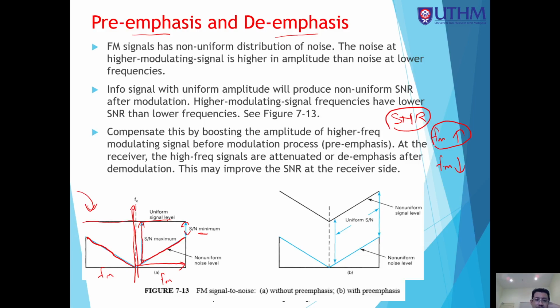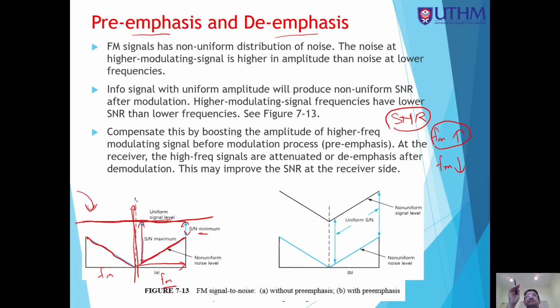throughout the values of modulating frequencies. Okay, so you see that the higher the modulating signal frequency, it will produce a higher noise level. And when we calculate the SNR, signal level, okay, signal level is here, divided by the noise level, so you're going to produce a lower SNR, especially for the higher value of modulating signal frequency.